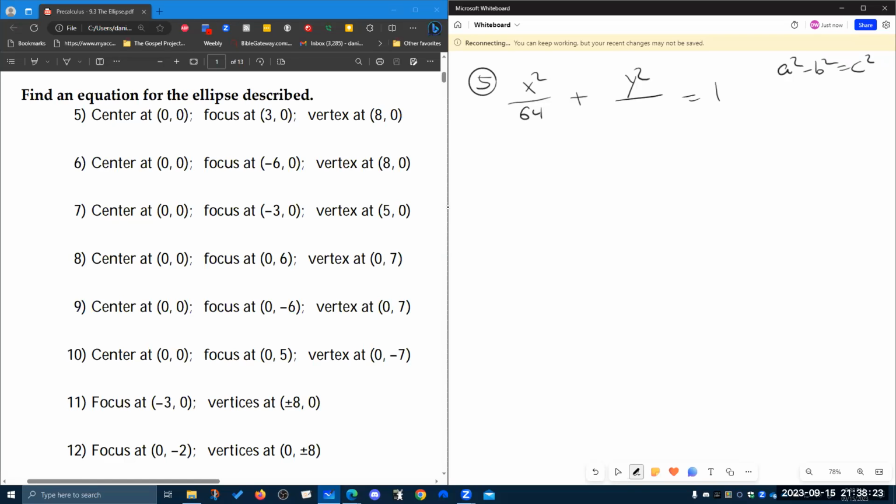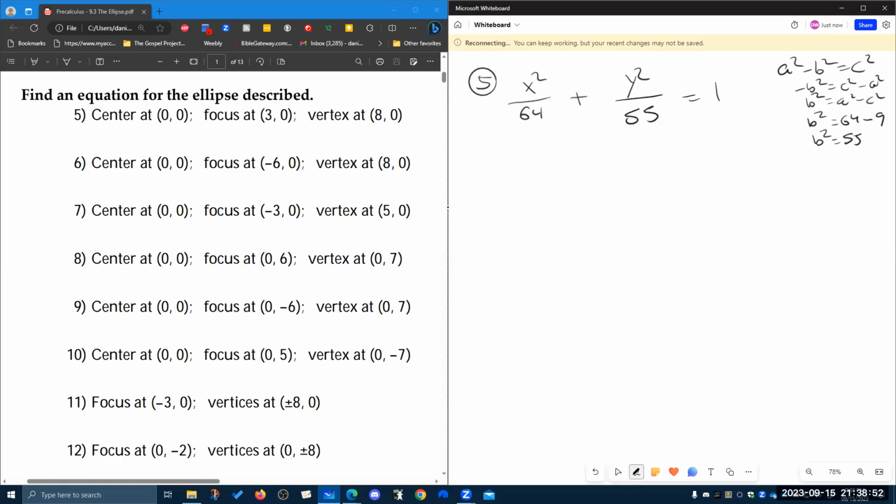Then negative b squared equals c squared minus a squared. So b squared equals a squared minus c squared. B squared is going to be 64 minus 9, which is going to be 55. Like so.